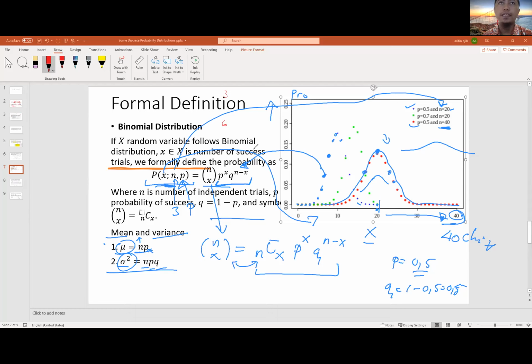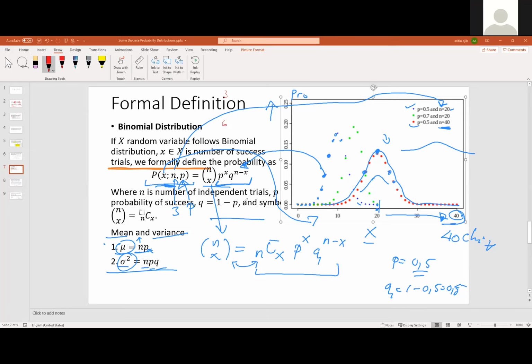Yes. Okay. Is there any question about this formal definition of the binomial distributions? Please, if you have questions. Sorry, I think you haven't answered my question, how to count it faster.